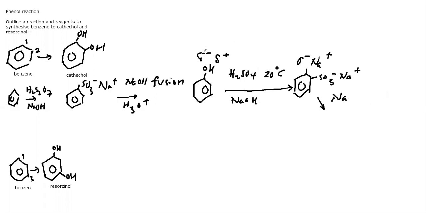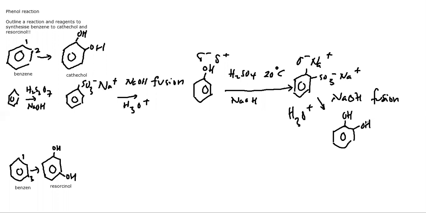So we can add NaOH fusion. And then again, if we hydrolyze, it means that we remove this one, and then we add NaOH, then we will have the product that we want, OH and OH.